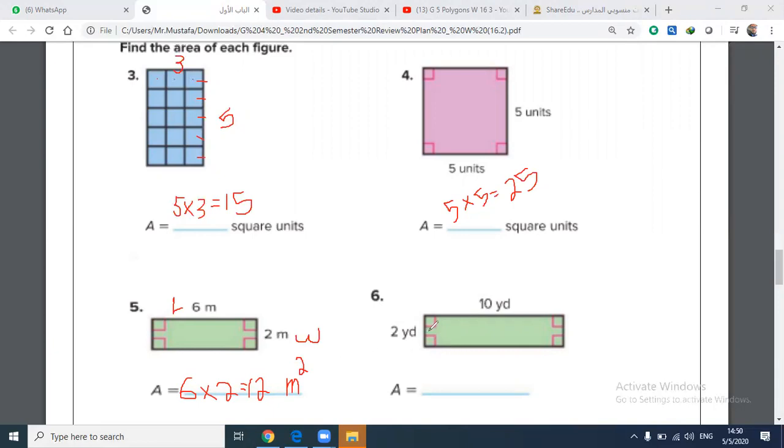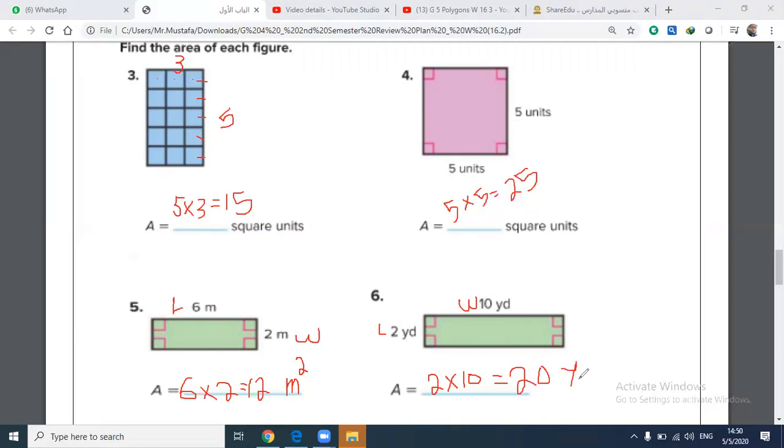Okay. Also here I have a rectangle. To find its area, just multiply length by width. Length is 2 and the width is 10, or you can change them. 20. Yes, 20 what, Muhammad? What is the unit I have to write here?